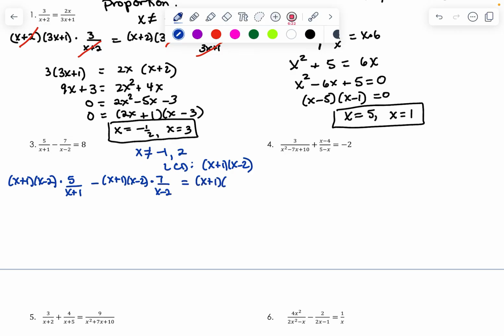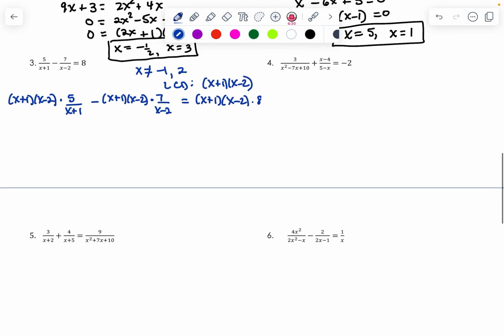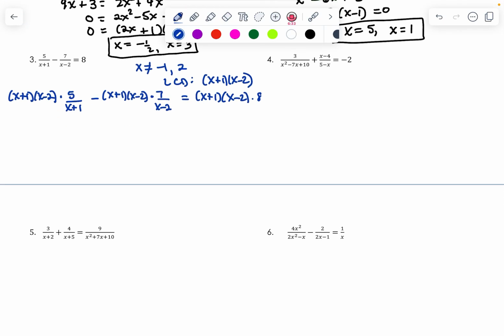You are balancing the equation as stated above, and you have to multiply both sides of the equation. When I say both sides, that's everything on the left and everything on the right.